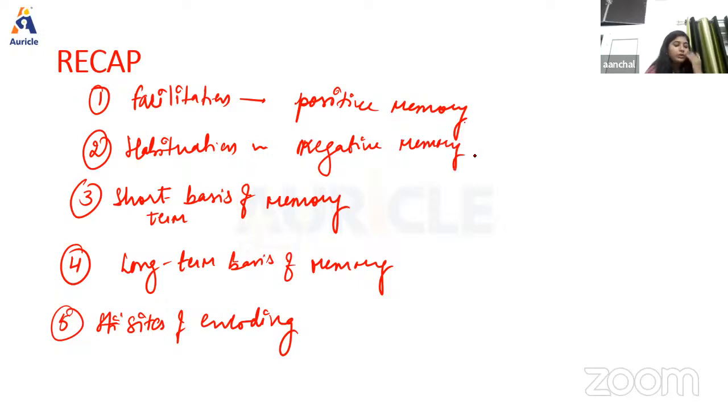Right? Now we're going to discuss the short-term basis of memory. The basic mechanism of the short-term basis of memory is the development of new neural circuits by the formation of new synapses and facilitation of synaptic transmission. Okay, so it always involves an increase in the number and size of postsynaptic dominance.